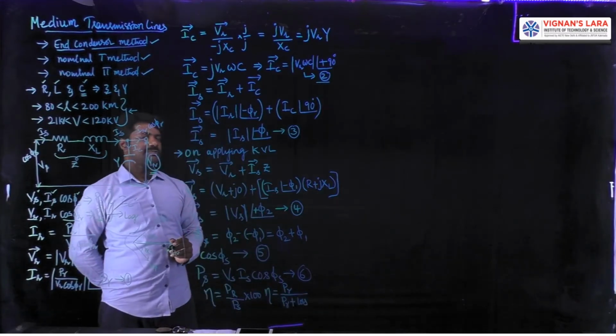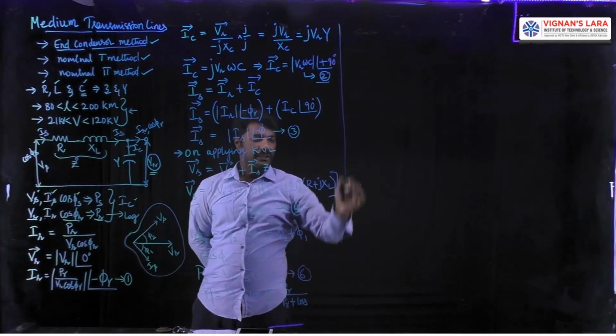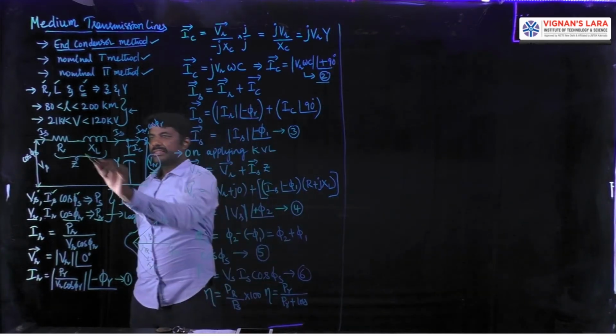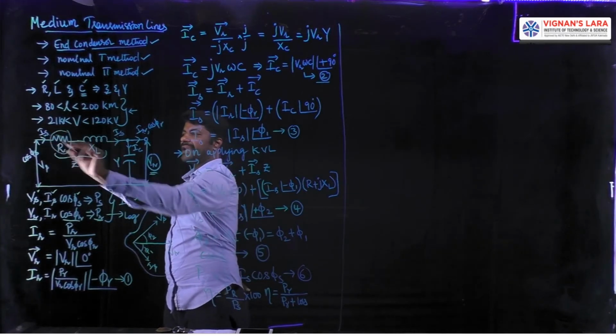Then what are the transmission losses? If you observe the diagram, this is the resistor R element carrying a current of Is.